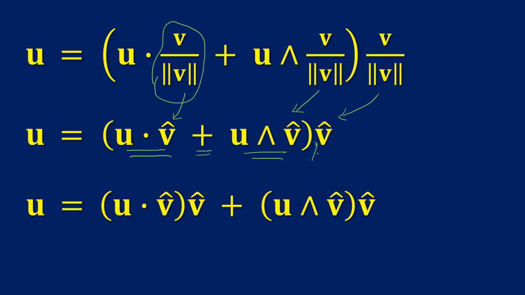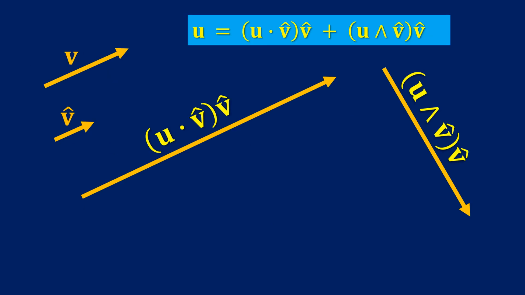But when we do this, again, this sum of a bivector and scalar morphs into a vector sum. This is a vector parallel to v, and this is a vector perpendicular to v. And we'll draw that more nicely in the next couple slides here.